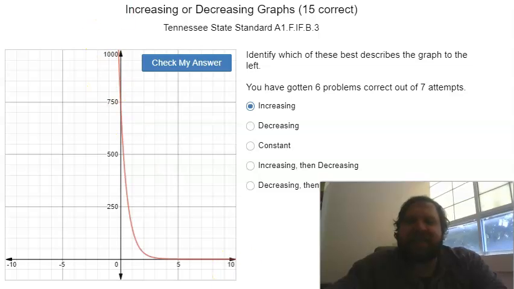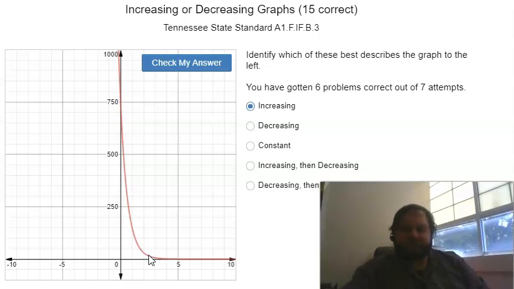While it's very tempting to say that this is decreasing and then constant, because that looks for all the world like it's flat down there, these exponential functions are always either increasing or decreasing. And here's why. The way this exponential function works is that you are multiplying one y value by some other number, which we will learn later is called a common ratio.